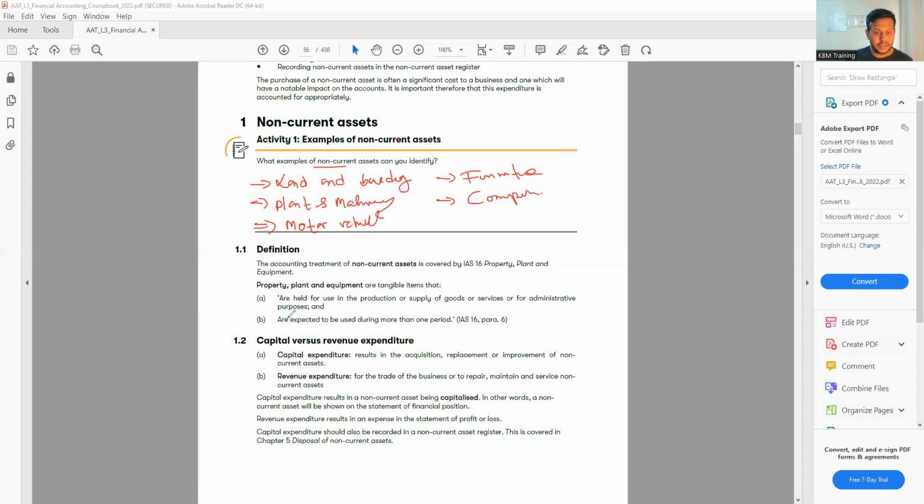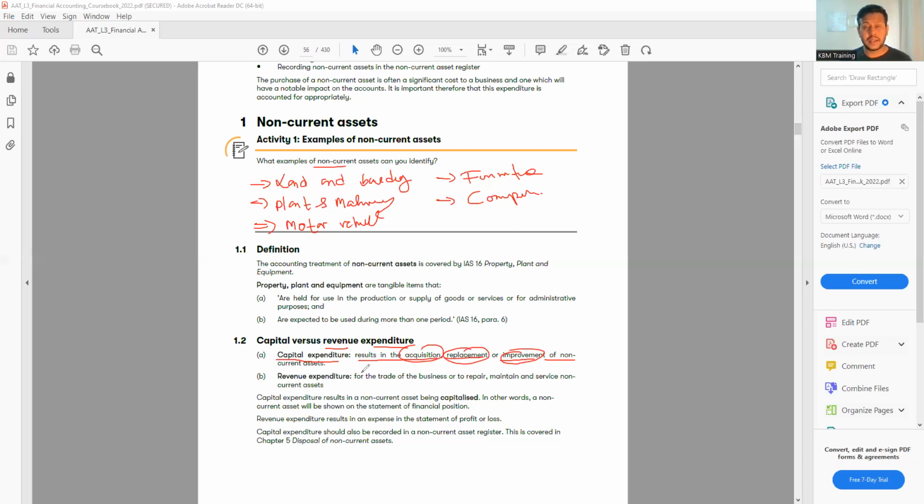All right, now we have the definition for the revenue and capital expenditure that we already discussed, but quickly read this definition. It says capital expenditure results in the acquisition, replacement, improvement of a non-current asset. So it could be acquisition, could be replacement, could be improvement of non-current asset.